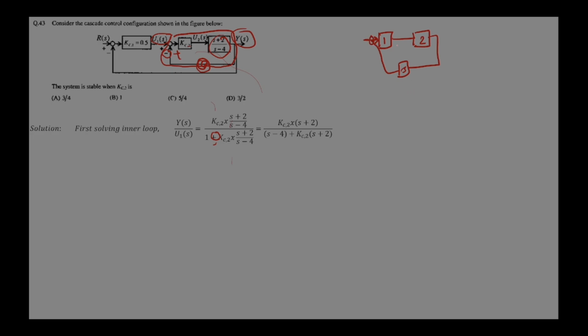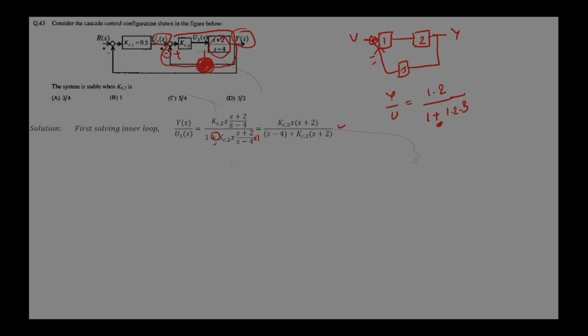So this is y and this is u. So y upon u is equal to 1 into 2 upon 1 plus, this is minus 1, going here. There is minus, so there will be plus. So 1 plus 1 into 2 into 3, this is the thing. But here we do not have anything else, so we consider it as 1, into 1, so it remains the same.